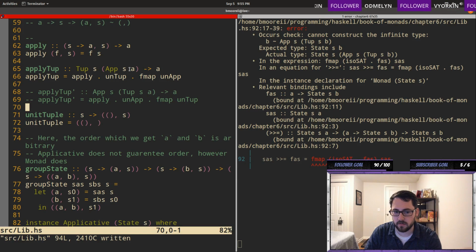I can't sequence. Do I need some sort of apply? As in applicative? But I think I'm supposed to do it with just functors.